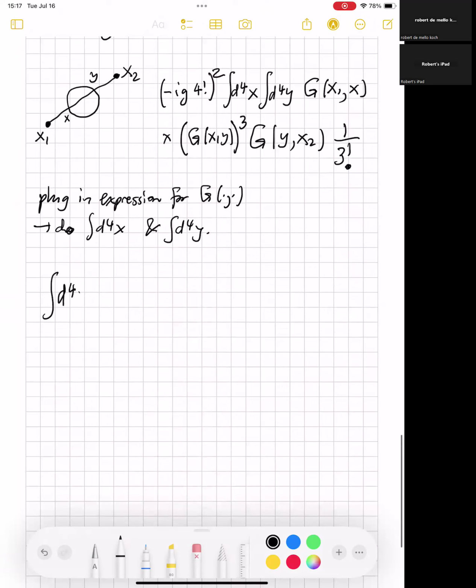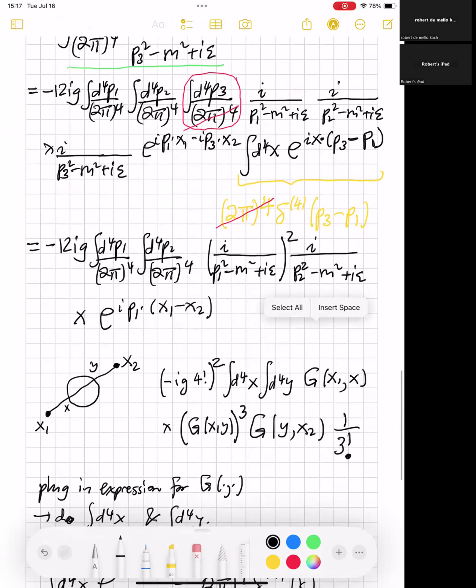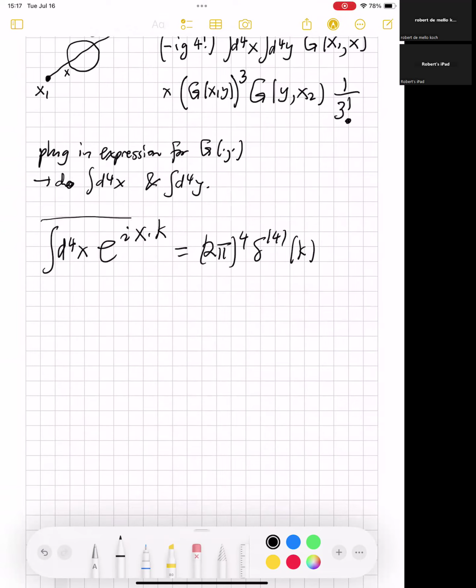So you really need to commit this to memory. The integral of e to the i x dot k is equal to (2 pi)^4 times a four-dimensional delta that will set this k, whatever multiplies x, to 0, okay? And this is what set P3 equal to P1 for us previously. So this is all you should need to do both the integral over x and the integral over y.